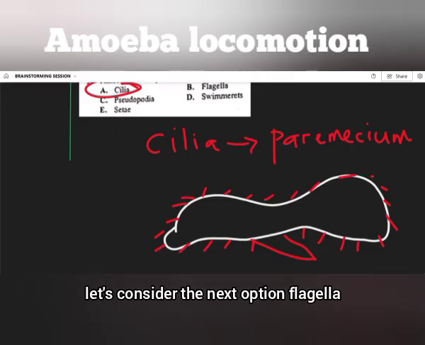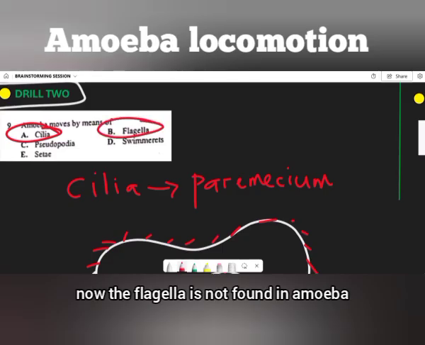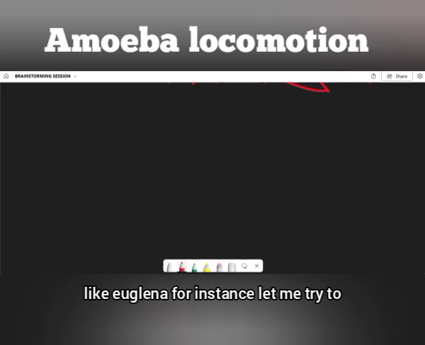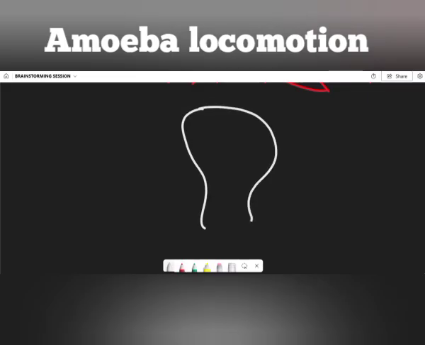Let's consider the next option, flagella. Flagella is not found in amoeba. Rather, flagella is found in organisms like Euglena. For instance, let me try to draw a structure of Euglena.